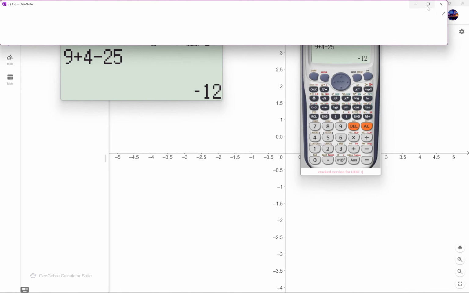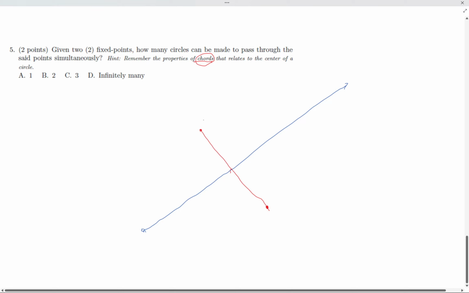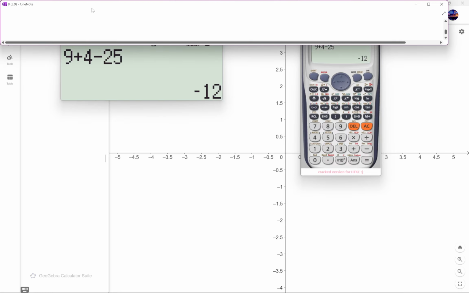So in this case, I'm not really drawing this one, but let me have this as the perpendicular bisector for the given points. Let's call this point A and point B perhaps.